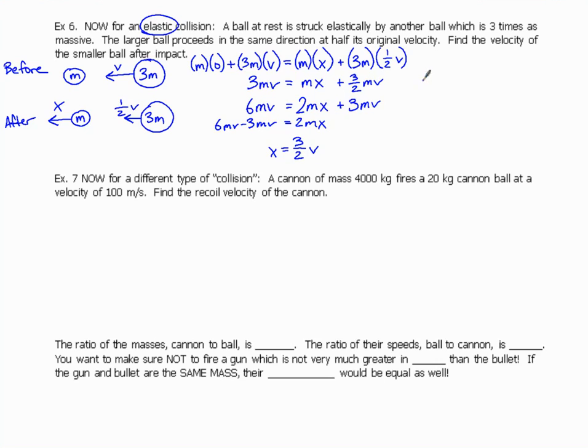And so to write this as a sentence, the small ball's velocity is 1.5 times the big ball's original velocity.